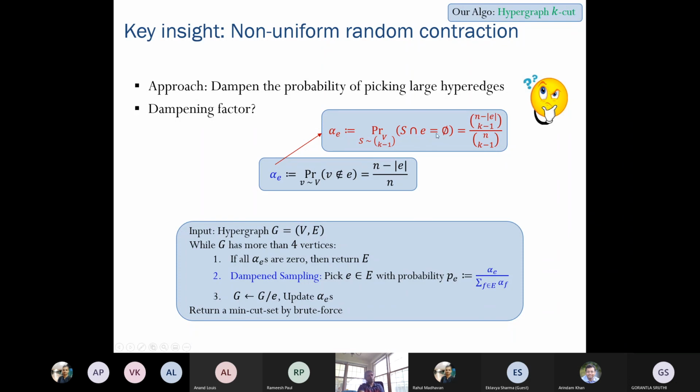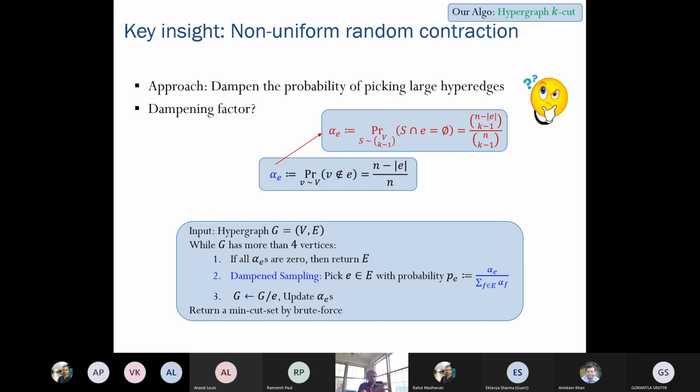And this can be computed explicitly. It's the ratio of n minus size of E choose k minus 1 divided by n choose k minus 1. But recall that k is a fixed constant. So these binomial expressions can be computed in polytime.